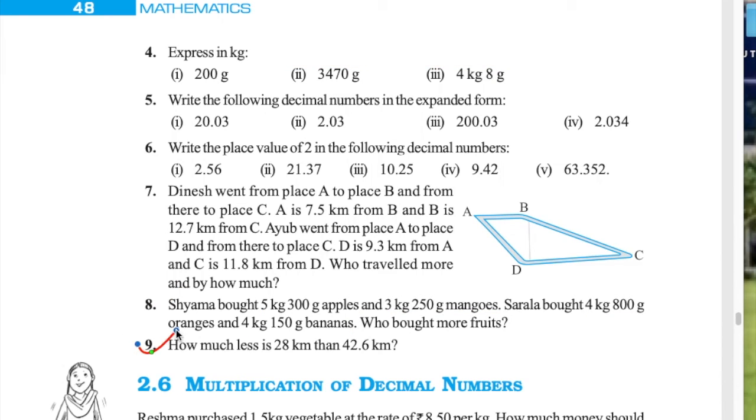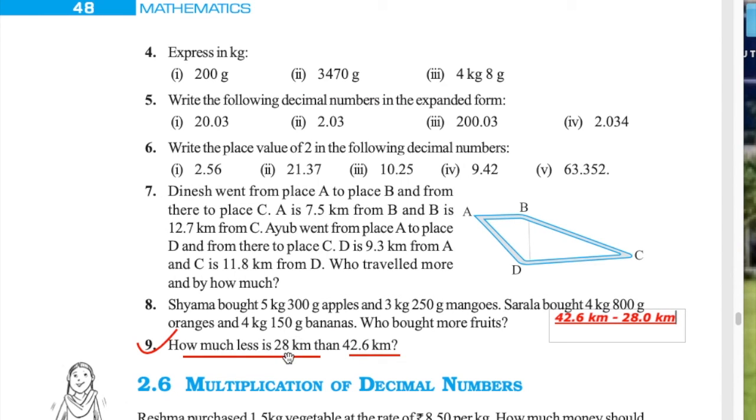Now the last question, question number 9. How much less is 28 kilometer than 42.6 kilometer? Easiest one, you will subtract 28 kilometer from 42.6 kilometer. How will you write it? 28.0 kilometer, because 42.6 is given in decimal and 28 is given as a whole number.